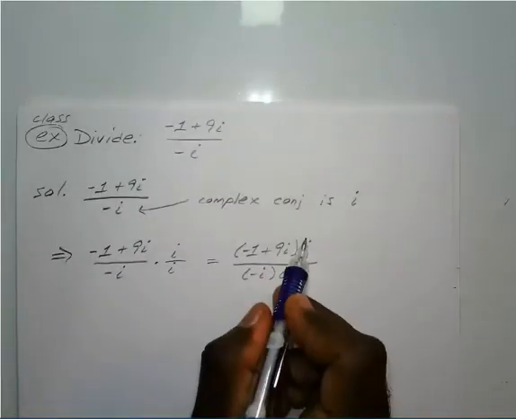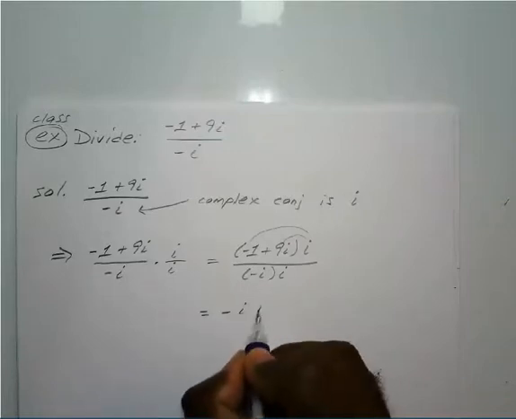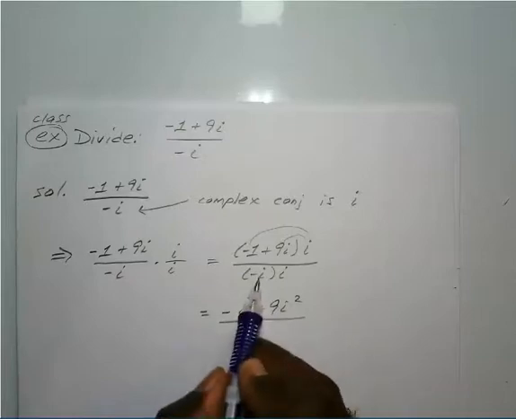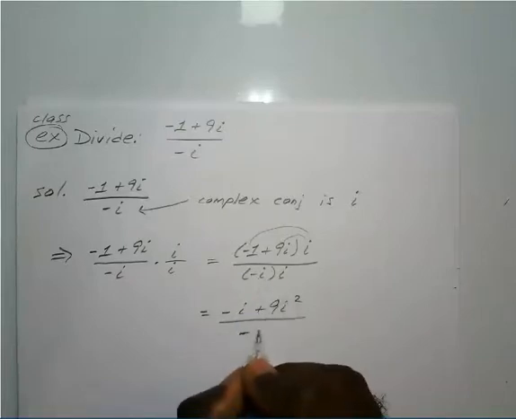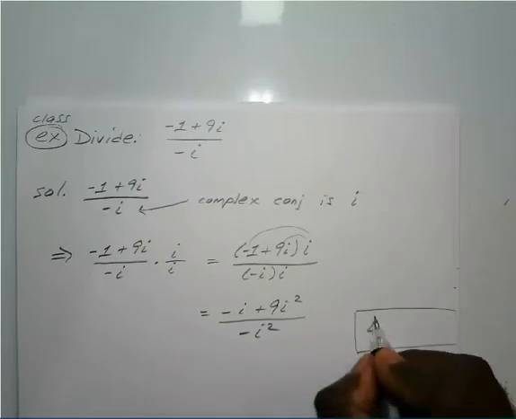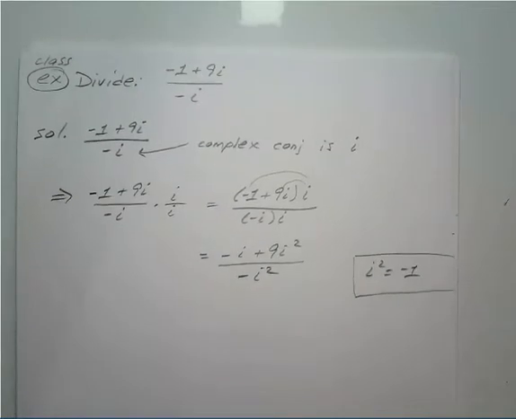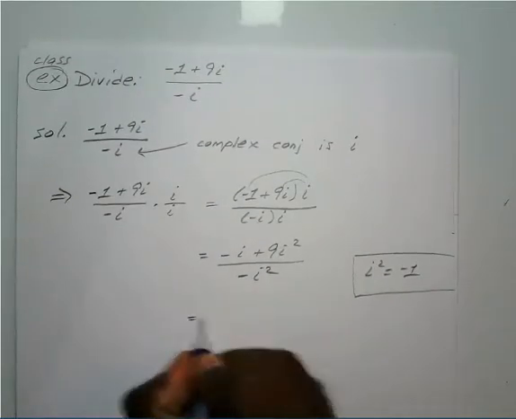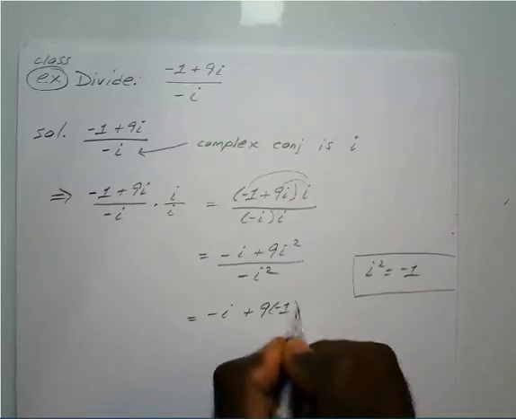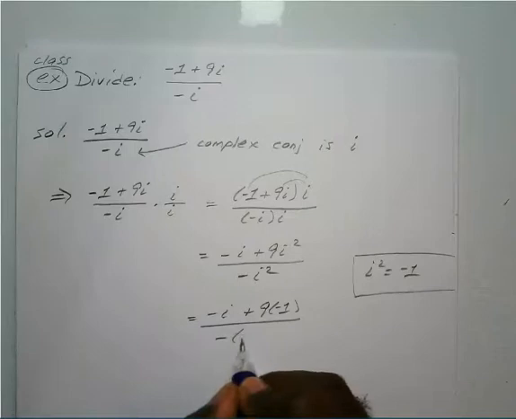Okay, so this, we go ahead and distribute. We have negative i plus 9i squared over i times i is i squared, so we have negative i squared. And remember, i squared equals negative 1. Okay, so that means we have negative i plus 9 times negative 1 all over negative 1.